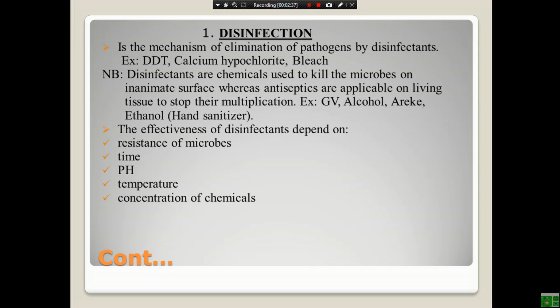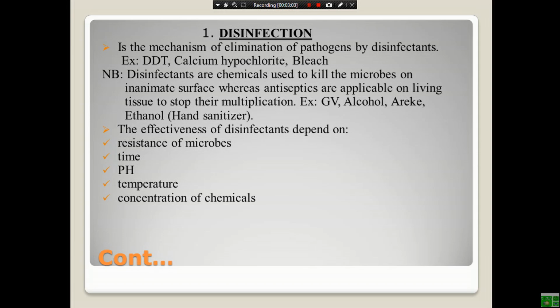Disinfectants are chemicals used to kill microbes on inanimate surfaces, whereas antiseptics are applied on living tissue to stop the multiplication or growth of microorganisms. So the main difference between disinfectants and antiseptics is the surface where they are applied.